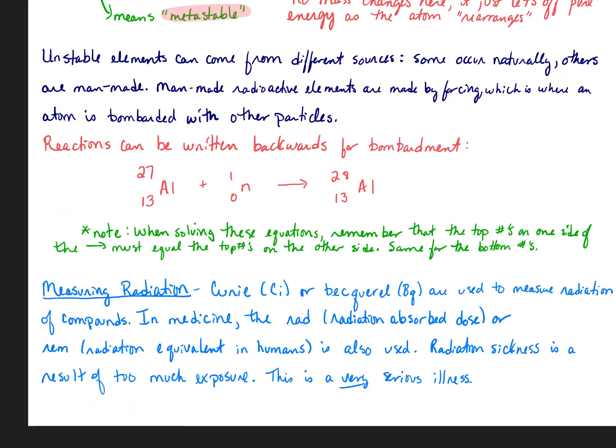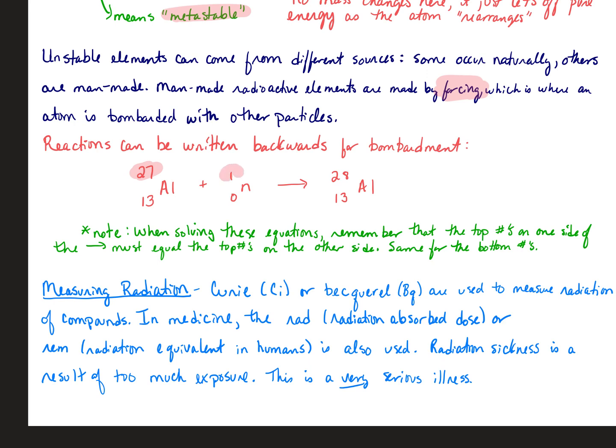Unstable elements can come from many different sources. Some of them are occurring naturally, and we can also make some man-made. And what we do to make man-made radioactive elements is something called forcing, which is basically where an atom is bombarded with other types of particles. So one example of that could be here. We've got aluminum-27.